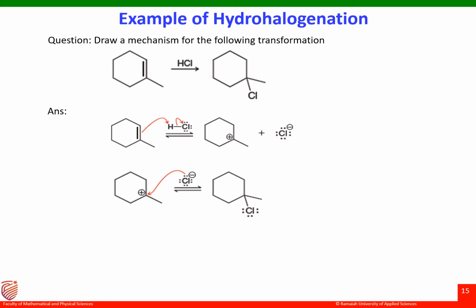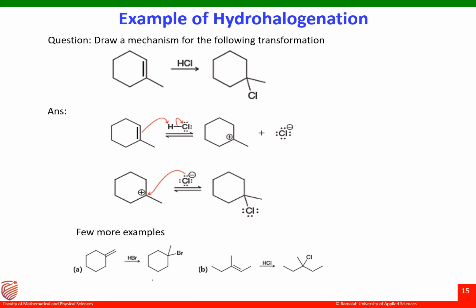Please note, it is not 2-chloro-1-methyl cyclohexane which is obtained as the major product, but instead 1-chloro-1-methyl cyclohexane. So this is the mechanism indicated here.